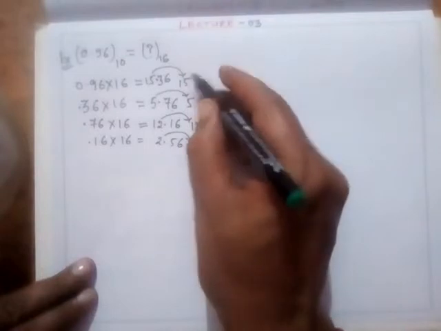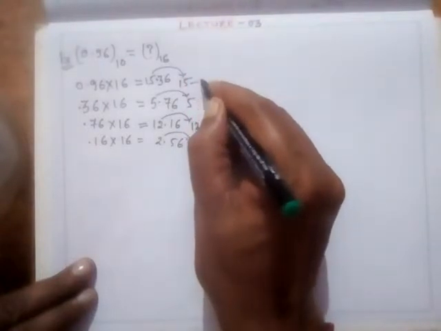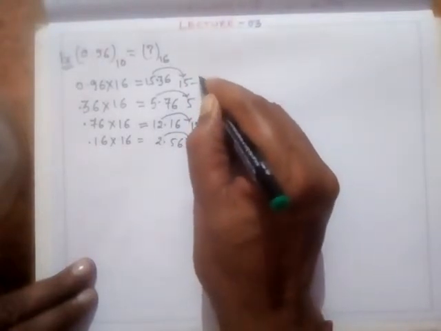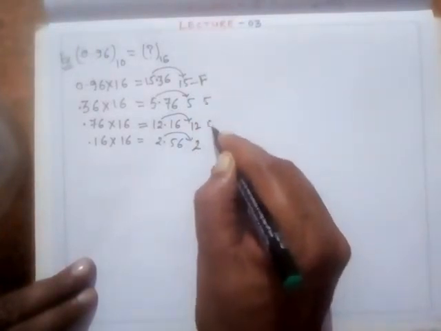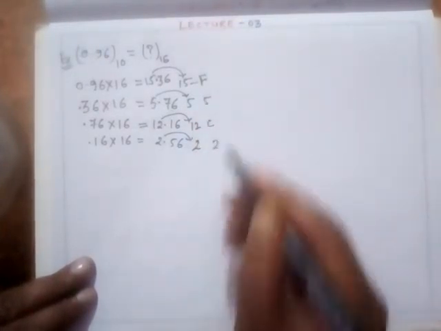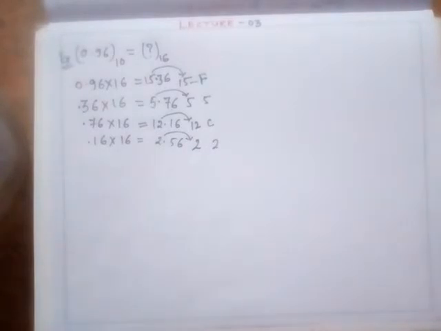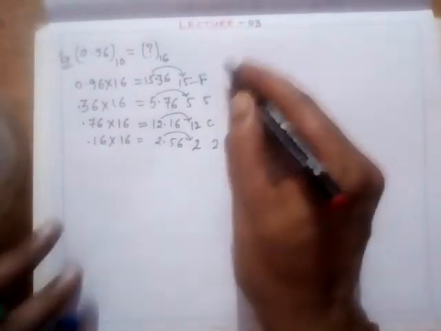So here 15 means F, and 12 means C. I replace 15 by F, 5 stays as it is, 12 corresponds to C, and 2 is as it is.